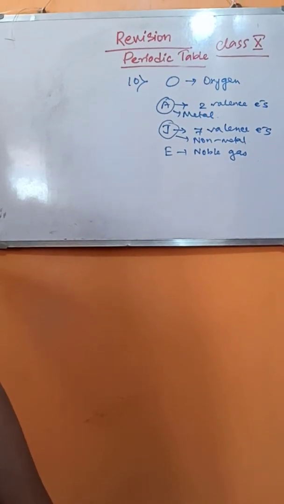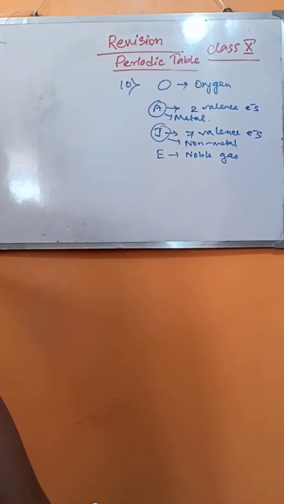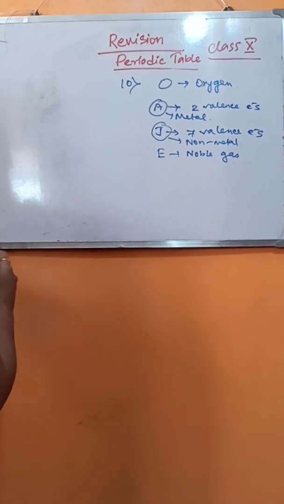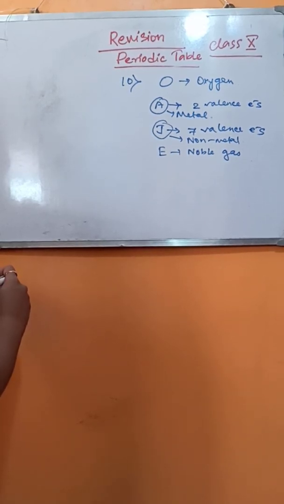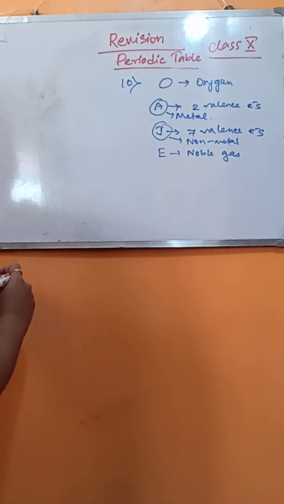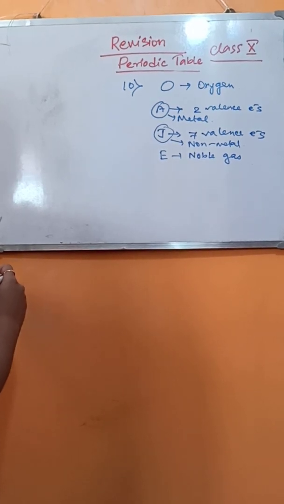And what is left? Left is D. D is present in group 13. Now D is in group 13, so it has 3 valence electrons.